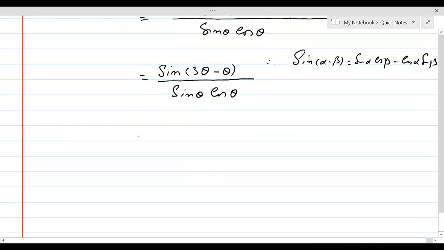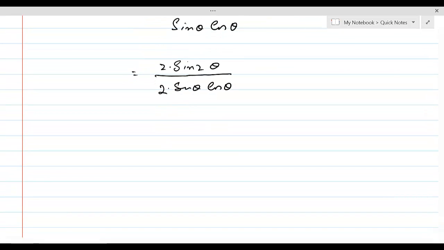So this is equal to sine 2 theta divided by sine theta into cos theta, and if we multiply and divide by 2, the denominator also becomes sine 2 theta.